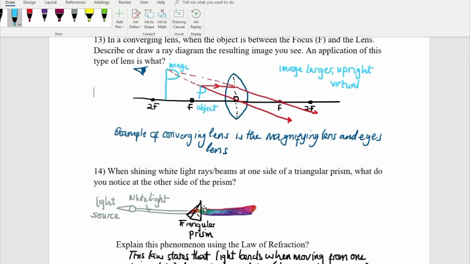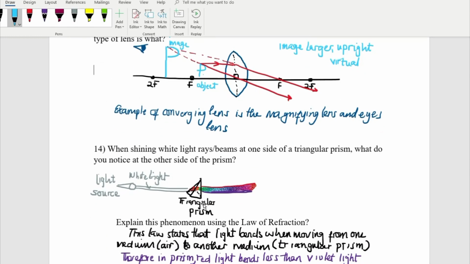Now number 14 talks about shining white light or ray beams at one side of a triangular prism: what do you notice at the other side of the prism? Here we have an illustration, and what we notice is that this triangular prism causes the light to create a spectrum, and this visible spectrum of light is similar to what we know in a rainbow.